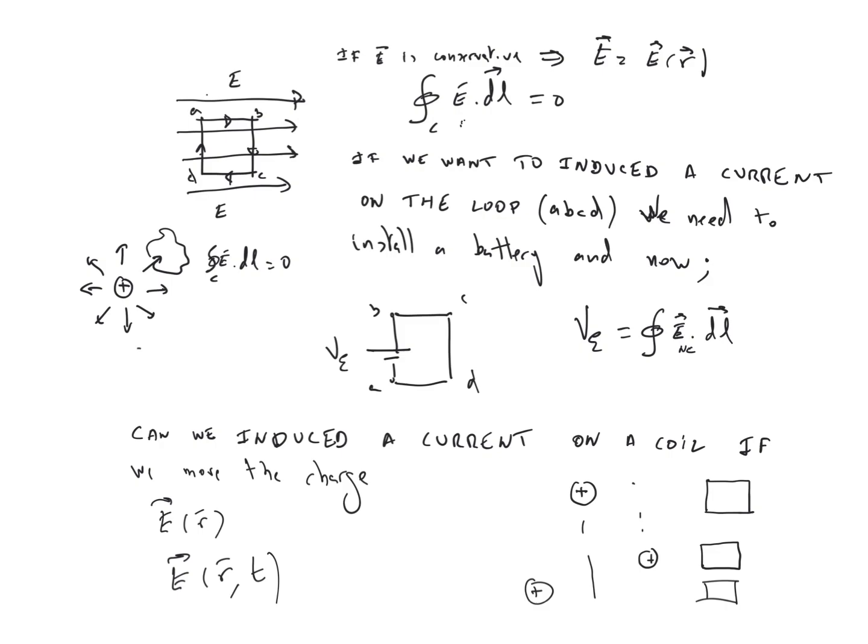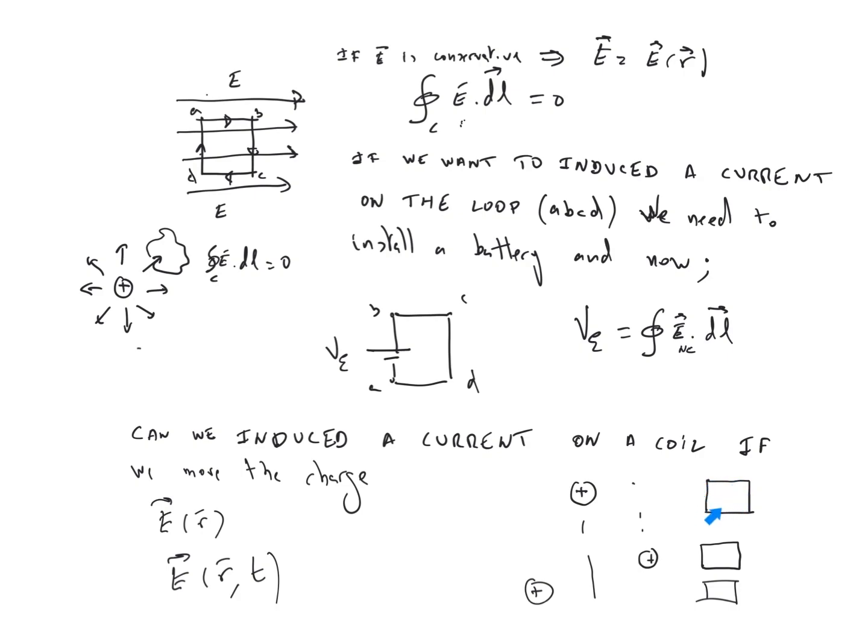Suppose that I have a positive charge here, and suppose that this is creating an electrical field here. If I don't move the charge, if the charge stays at rest, I cannot get a current on the loop. It's impossible.